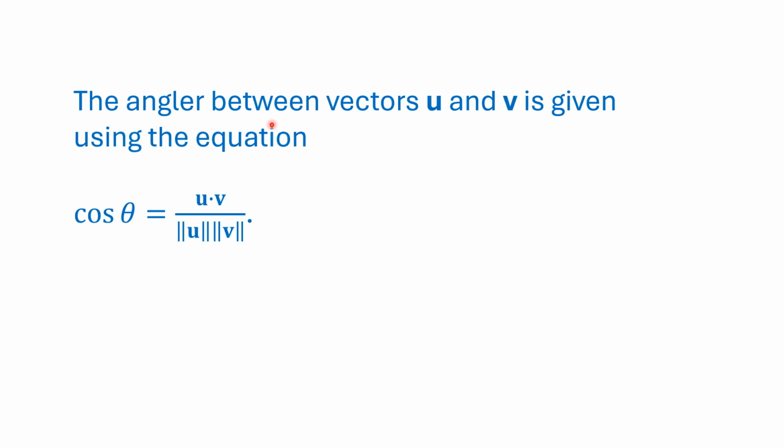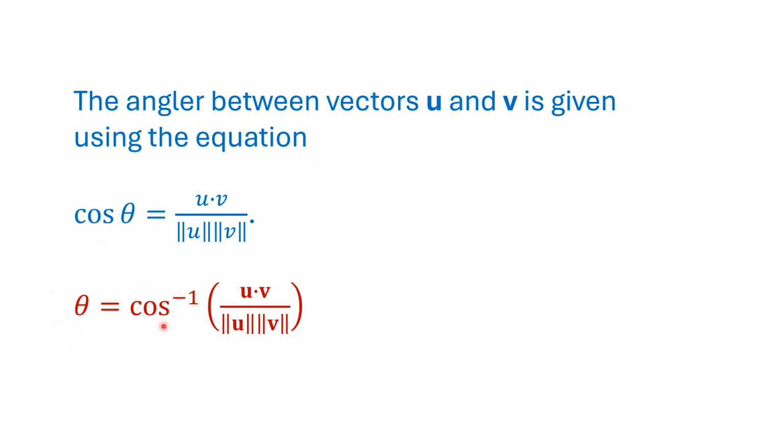The angle between vectors u and v is given by the equation cosine theta is u dot v over the norm of u times the norm of v. So we solve that for theta, taking the arccosine of each side.